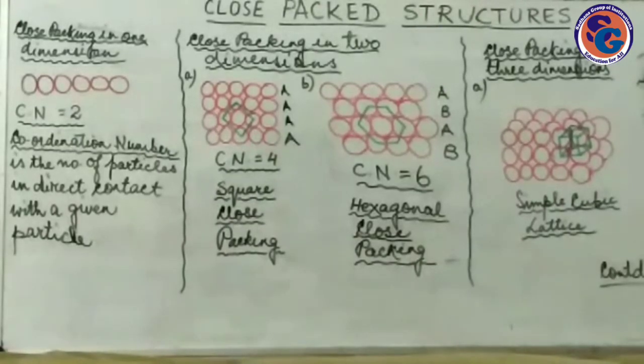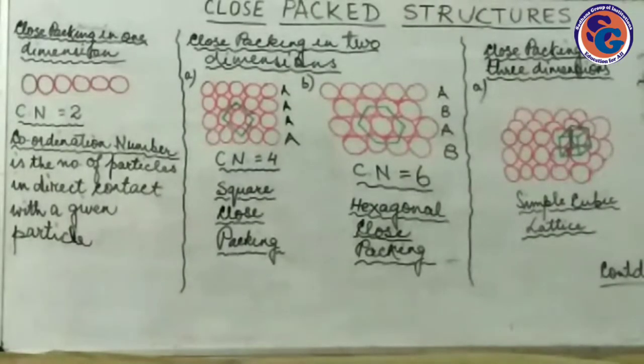So, the coordination number is 4 in this case. Now, if we join the centers of those neighboring particles, we get the shape of a square. So, because of this particular shape, we call this type of close packing square close packing in 2 dimensions.